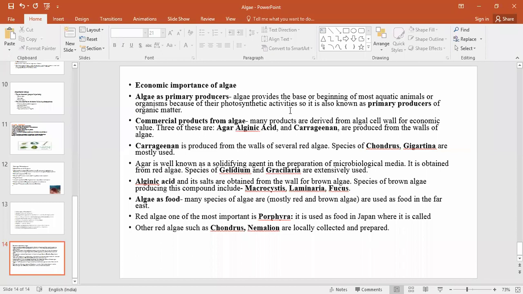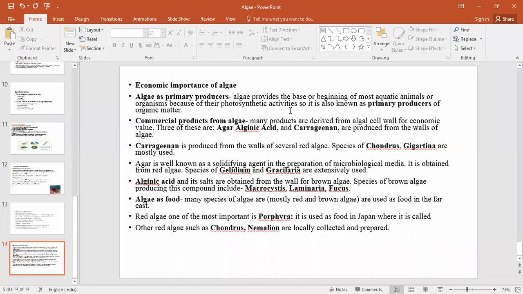Agar is extracted from Gelidium and Gracilaria. Alginic acid I already told you. Sometimes they are also used as food, mostly in Japan. For example, Porphyra, a red alga, is used in Japan as food. Chondrus and Laminaria are also used as food.